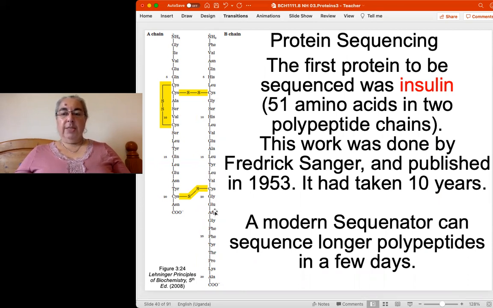This work was done by a scientist called Frederick Sanger. It was published in 1953, and it had taken him 10 years to work out that sequence, okay? Doing it by hand, 1 amino acid at a time, learning and developing all the techniques that were needed for sequencing.